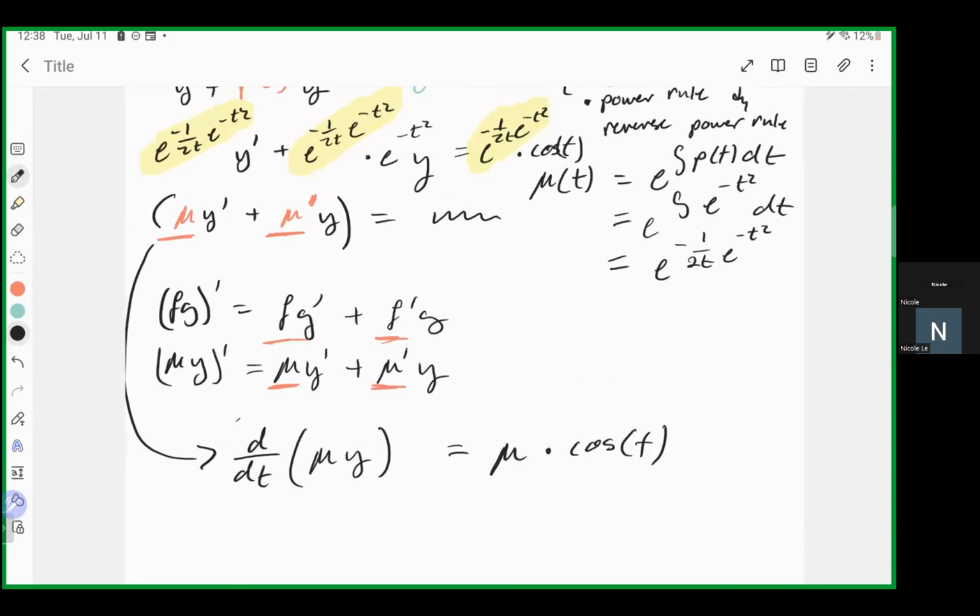And if we integrate both sides, remember this is the fundamental theorem of calculus, we reverse that differentiation with the integration. Differentiation and integration are inverse operations, they cancel. We get right back to the product.